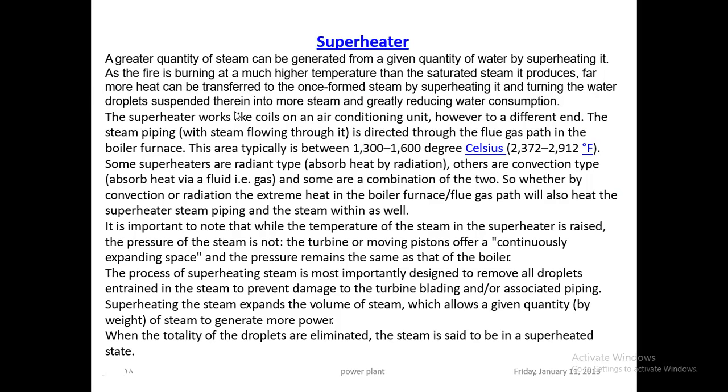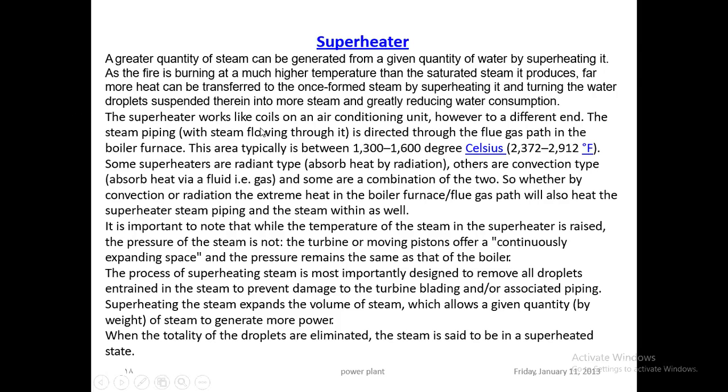It produces far more heat that can be transferred to the steam by superheating it and turning the water droplets suspended therein into more steam. That means if we get wet steam, we have to dry that steam. The problem in drying wet steam is that there are droplets of water that we have to further convert into steam to make it dry steam, greatly reducing water consumption.